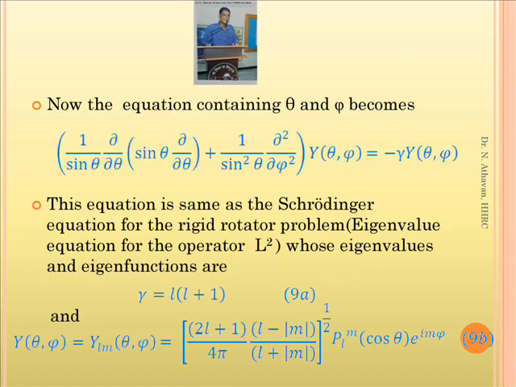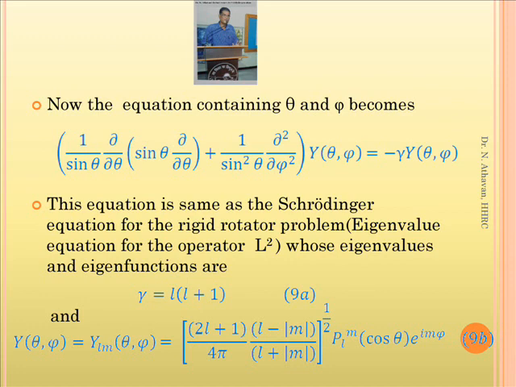If we come to the theta and phi equation, we have (1/sin theta) ∂/∂theta (sin theta ∂/∂theta) + (1/sin^2 theta) ∂^2/∂phi^2 acting on Y(theta, phi), which is equal to the same constant, minus γ Y(theta, phi). One can easily understand this equation is the same as the Schrodinger equation for the rigid rotator problem.